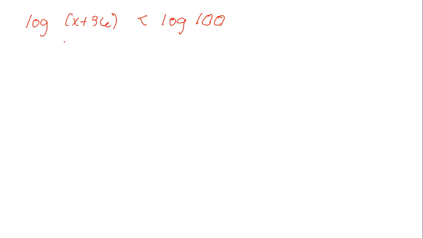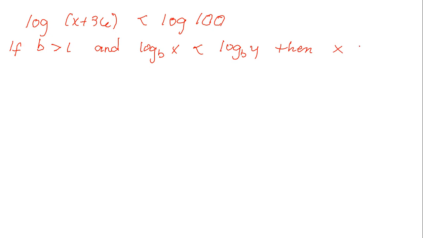Okay? So, we will be using the first property, which is if b is greater than 1, and the logarithm of x with the base of b is less than logarithm of y with the base of b, then x is less than y. Okay? So, pareho ng base.